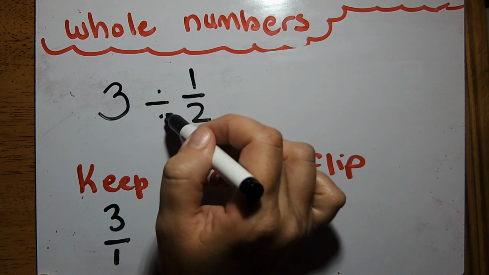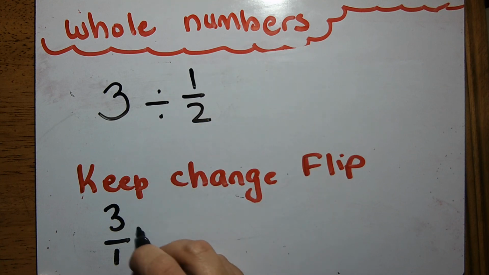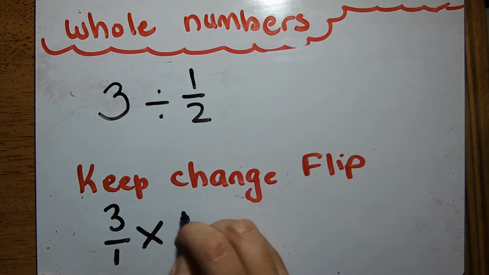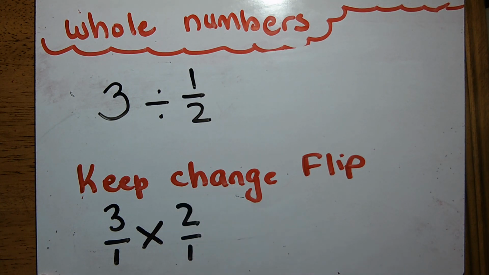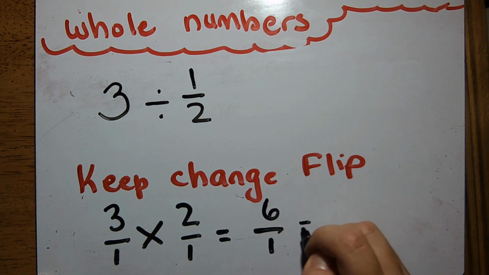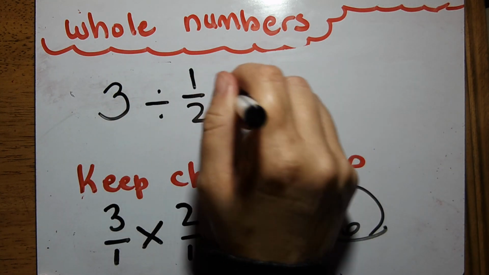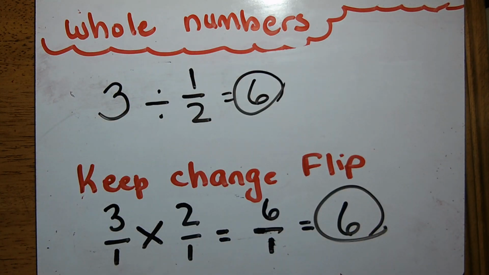I'm going to change my division sign to multiplication, and I'm going to flip my fraction to make it 2 over 1. So I multiply 3 times 2 is 6, and 1 times 1 is 1, and my answer is going to be 6. So 3 divided by 1/2 is 6.